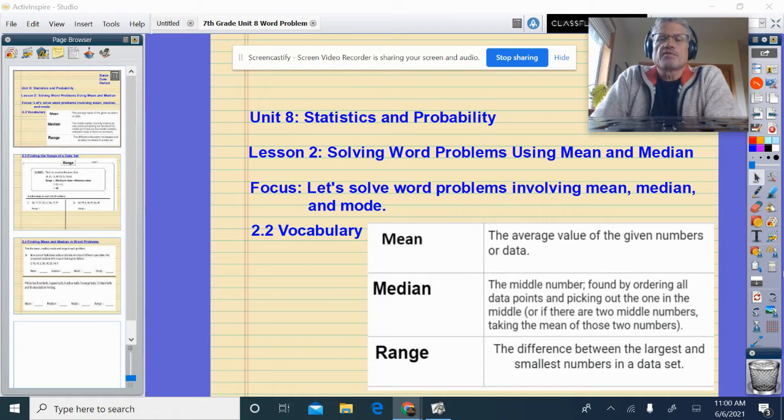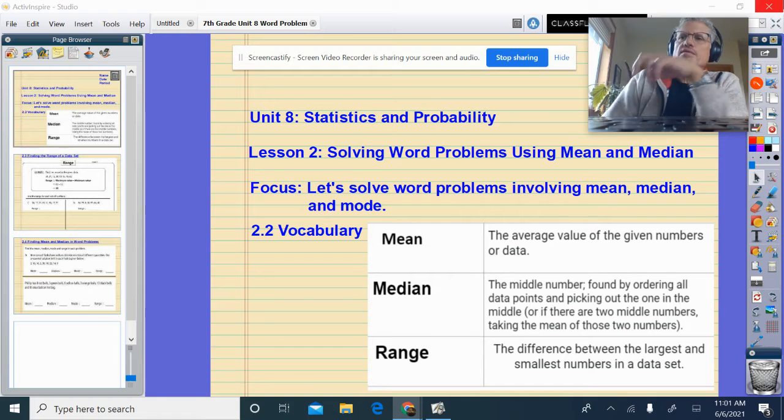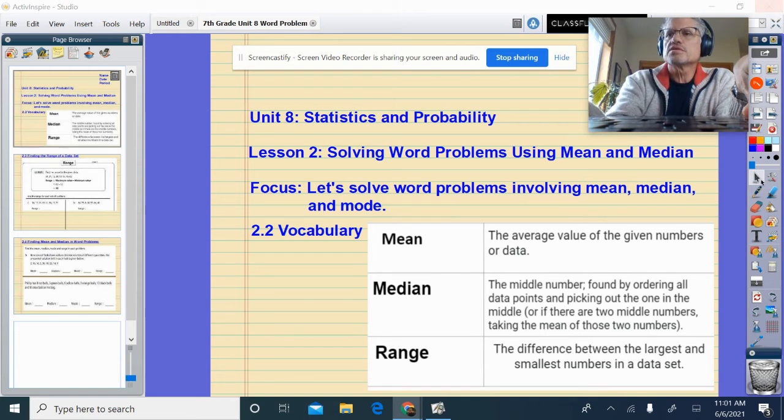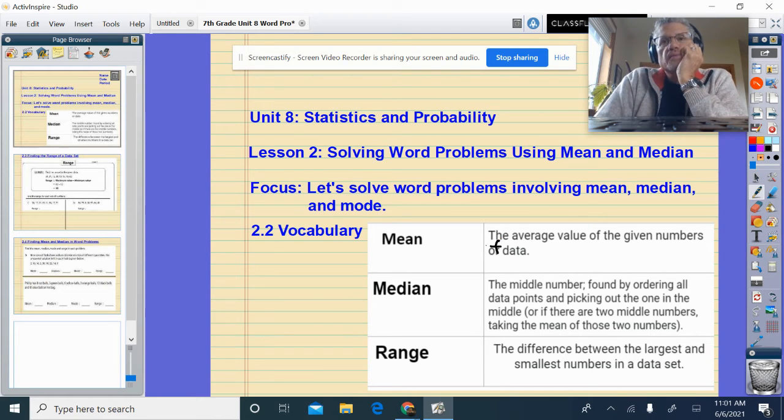Now here's our vocabulary for the day. I already have this in the Nearpod, but if you missed it there, you can get it back here. The mean is the average value of the given numbers of data. It's a simple definition of mean, and we've gone over it several times.